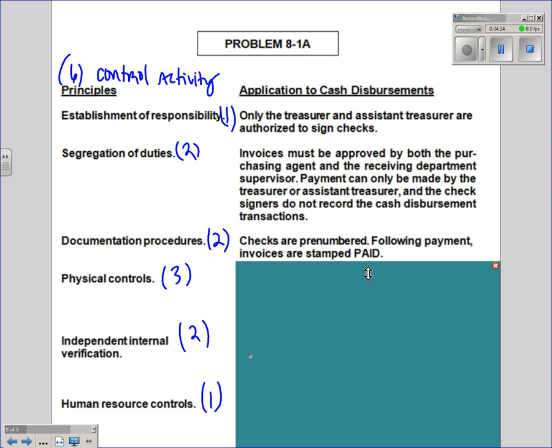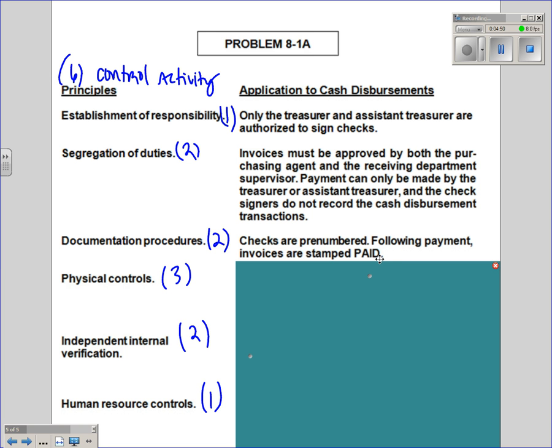So basically, you can't mess with them. I mean, if it's check 100 and 101 and 102 and all of a sudden 103 goes missing, someone is responsible for that. And so pre-numbered invoices, pre-numbered requisitions, pre-numbered any type of documents is a really good thing. Now, there's a big cost with that. To buy pre-numbered anythings are expensive. And then they stamp paid on them as soon as the bills have been paid.